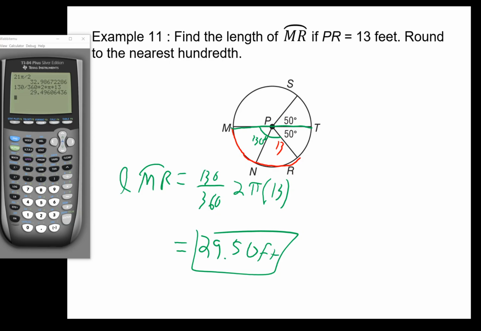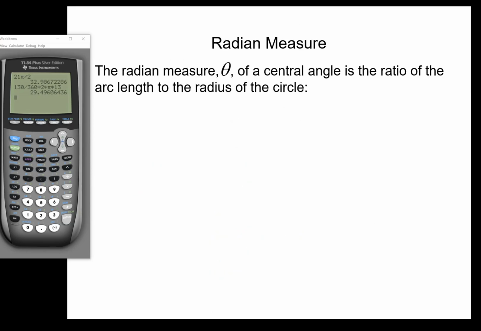Okay, now the place where I said we're going off our deep end. Not really, not too bad. Okay, radian measure. Theta of a central angle is the ratio of the arc length to the radius of the circle. Radians are essentially a way of measuring an angle with respect to the radius.